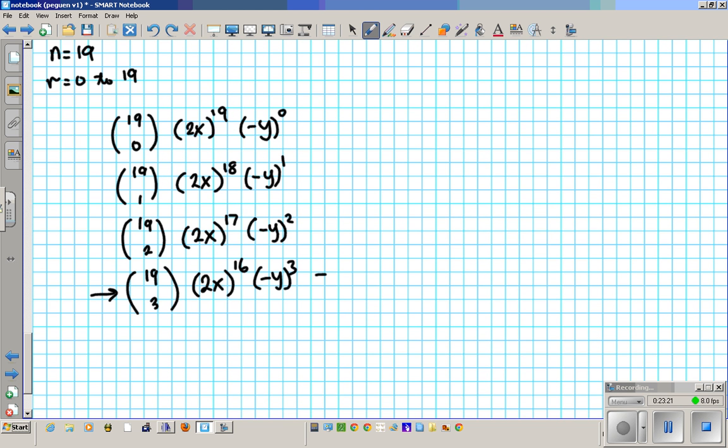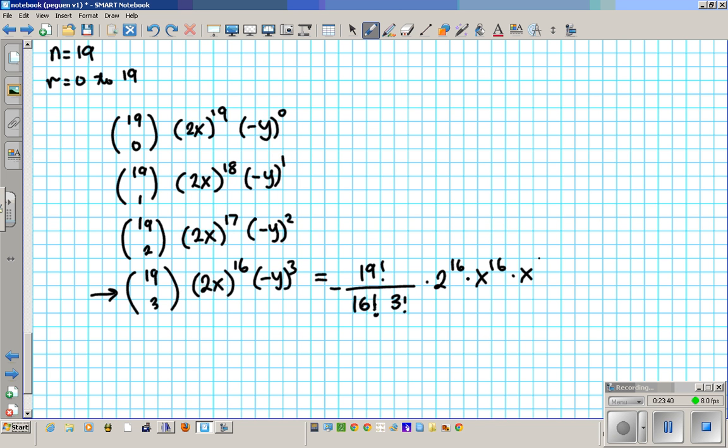So this is going to become 19 factorial divided by, if I subtract both of them, I'll have 16 factorial, 16 factorial, 3 factorial, times 2 to the 16, x to the 16, negative y to the third. It's an odd power, so the negative comes out.